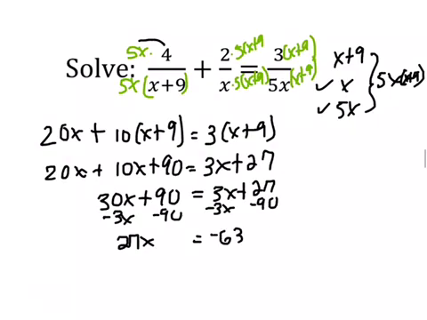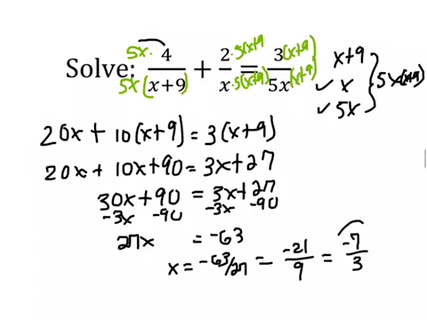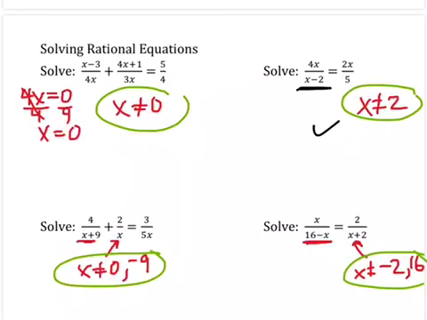So my result is x equals negative 63 over 27. These both divide by 3, so I think I'll say negative 21 over 9. And those both divide by 3, so my final answer would be negative 7 over 3. All right, and if I go back and check, that was not one of my excluded solutions, so I'm fine.